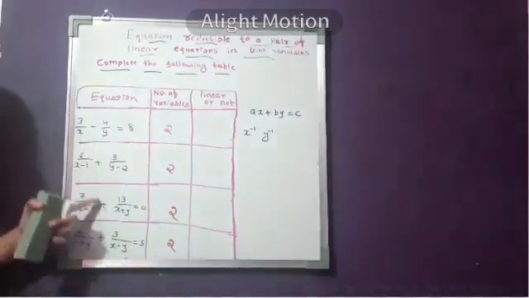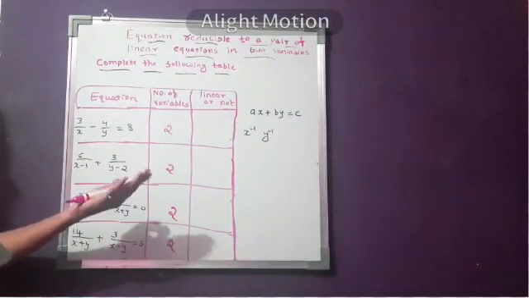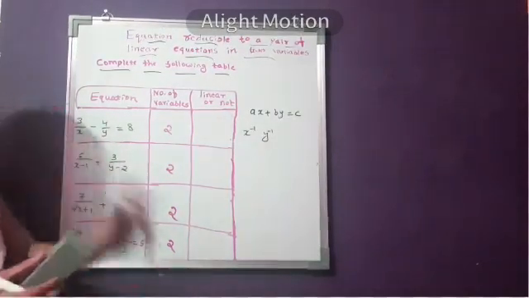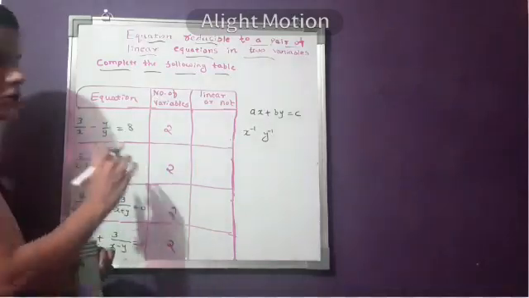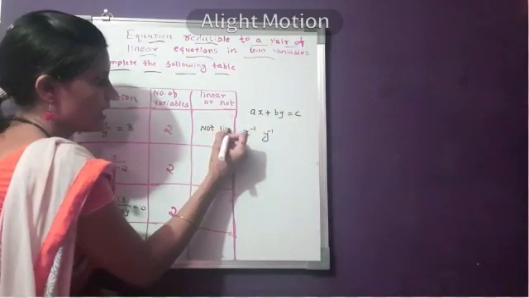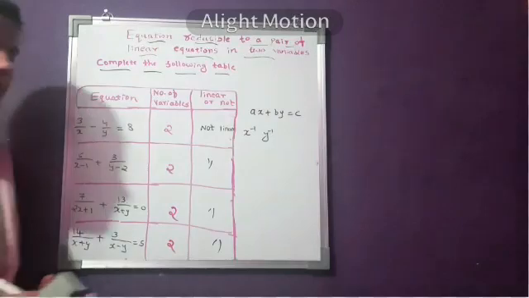In all the cases, x and y are in the denominator. So if I try to convert it, the index of these variables will definitely become negative. That is the reason these all four equations are not linear. So you will write they are not linear. Hence you can complete the table.